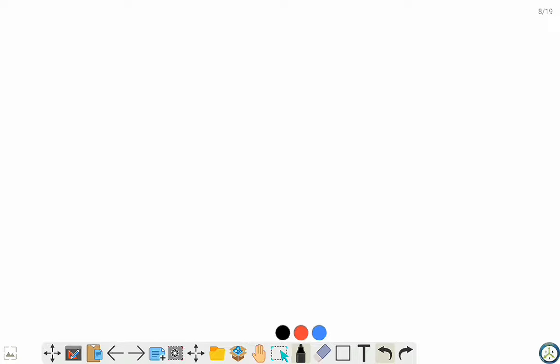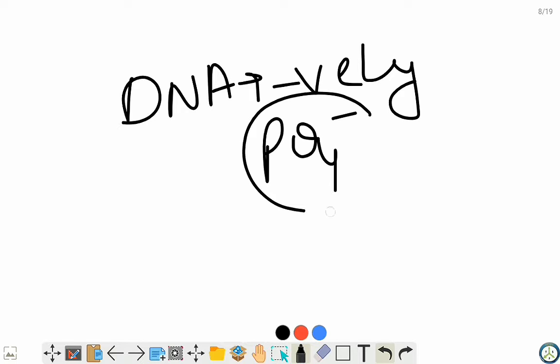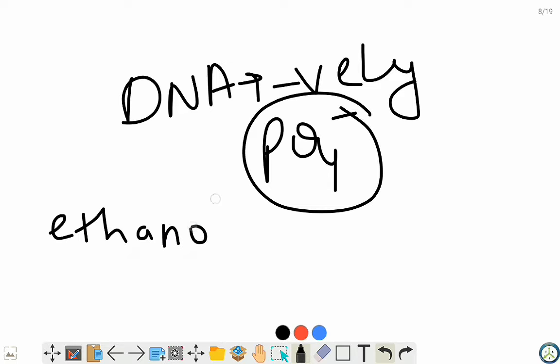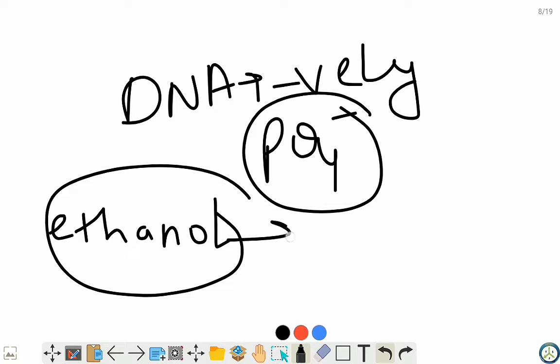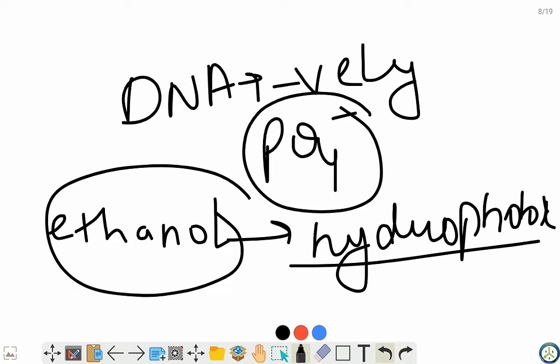I think you already understand this. DNA has a negative charge, due to the phosphate groups. So the ethanol will expose the hydration shell and make it hydrophobic, meaning it will become water-hating.